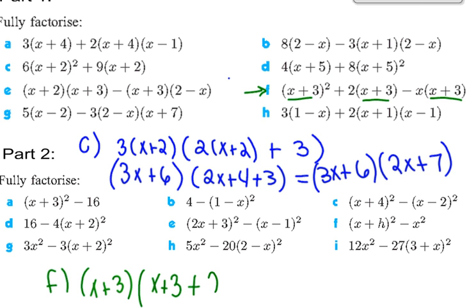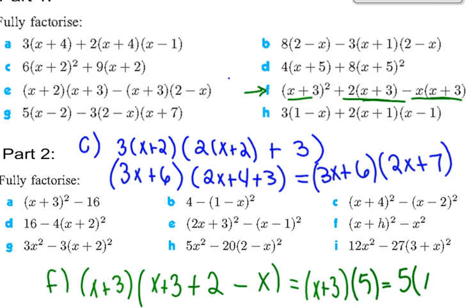Then we have a plus 2, because we have 2 times x plus 3. And then we have a minus x. And then it's just a matter of simplifying those brackets. So we'll have x plus 3 times x minus x gives us 0 times 5. Or we can write that as 5 times x plus 3.